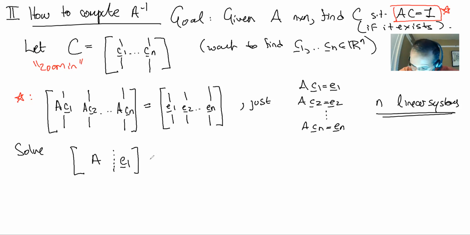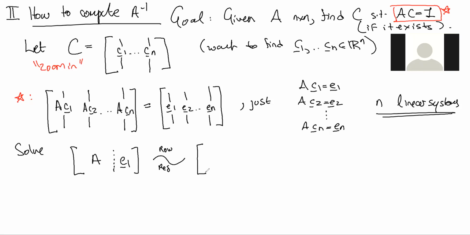One possibility is that the matrix actually is invertible. And if the matrix is invertible, what is the reduced row echelon form of A going to be? Pivot in every column.